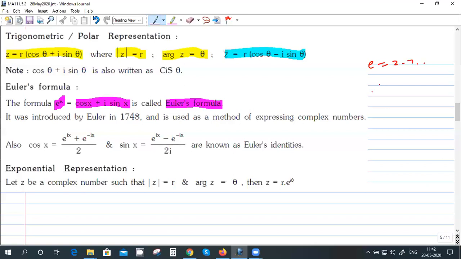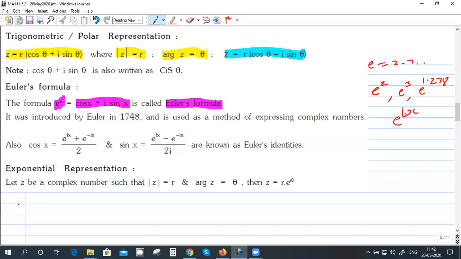Other than that, you know what e square, e cube are. But here it is e raised to the power of an imaginary number. This is the first time you're raising the exponent to an imaginary number. So e raised to the power ix is defined like this: cos x plus i sin x, and this is called Euler's formula.